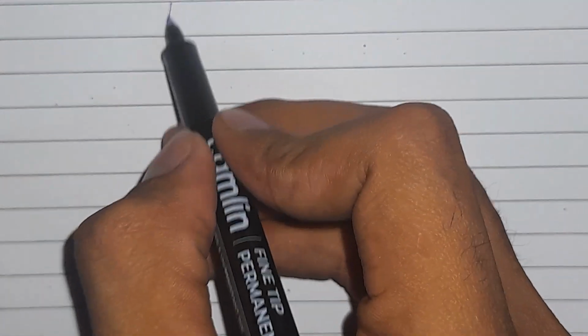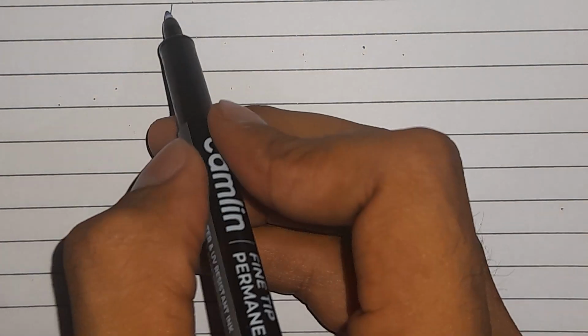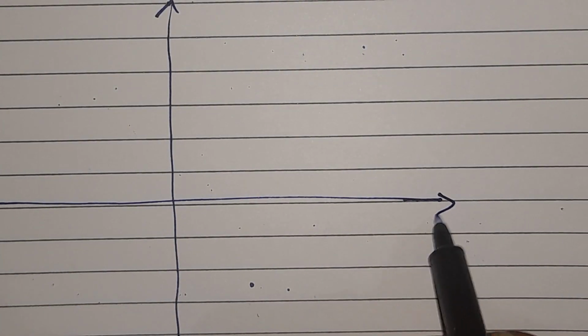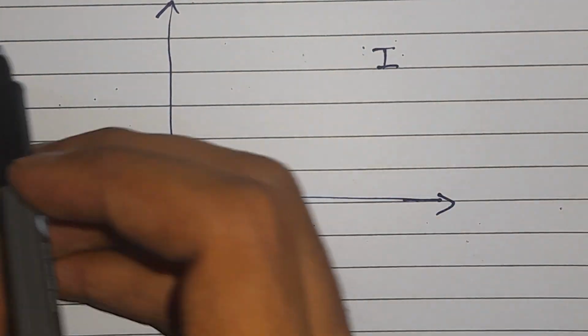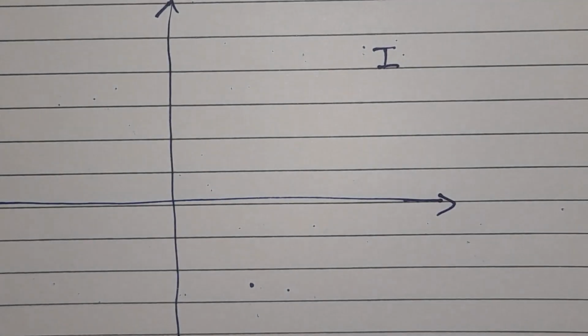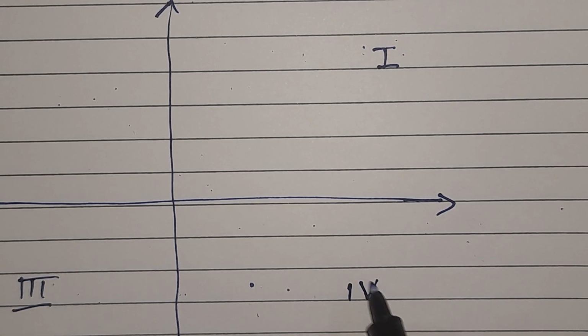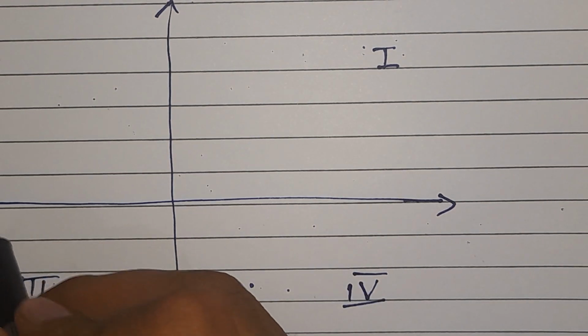Basically, when you have to find whether the value will be positive or negative, how can you easily verify it? Let me draw a diagram. This is the first quadrant, second quadrant, this is the third quadrant, and this is the fourth quadrant. You have learned it in the Cartesian plane.